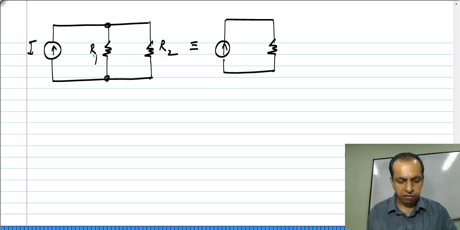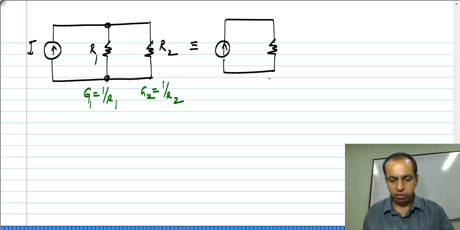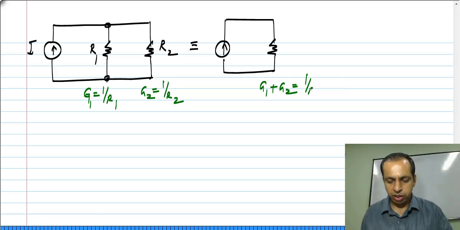Now, if we refer to each of these by their conductances G1, which is 1 by R1, and G2, which is 1 by R2, we know that the conductance of this resistance is G1 plus G2, which is 1 by R1 plus 1 by R2. So, the resistance of the combination, we also know the formula is R1 R2 by R1 plus R2.